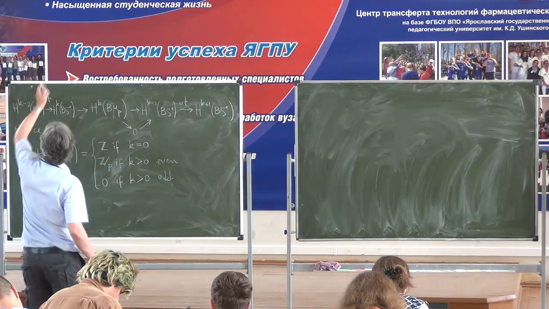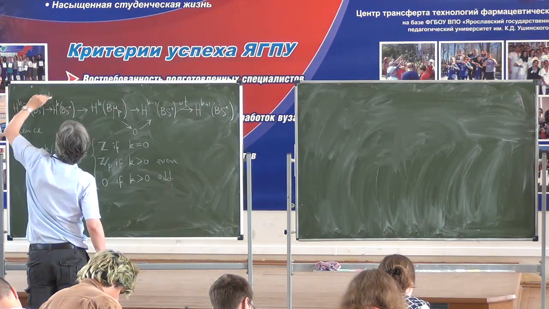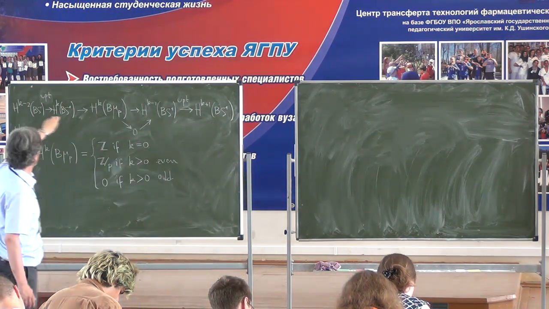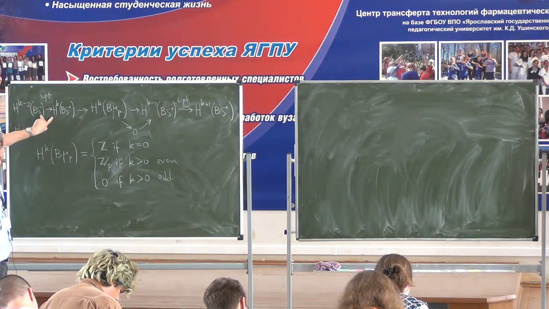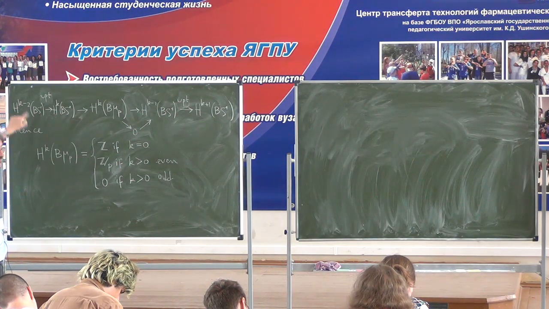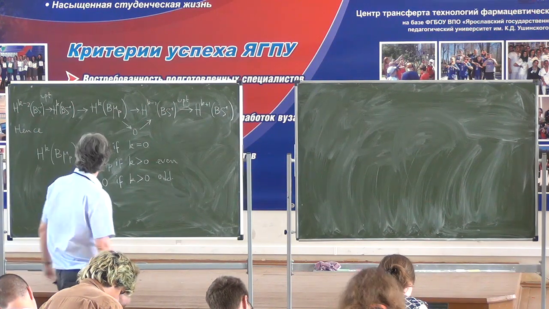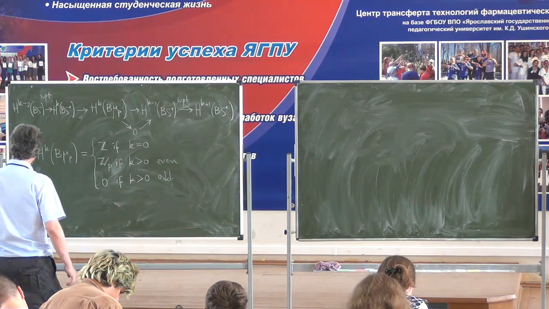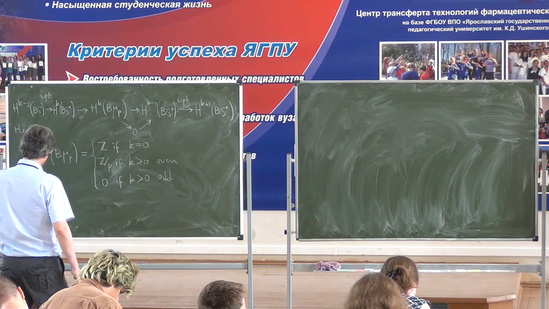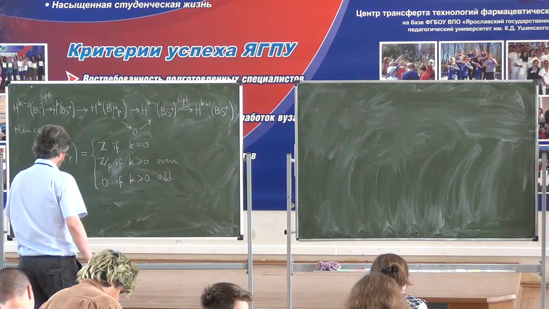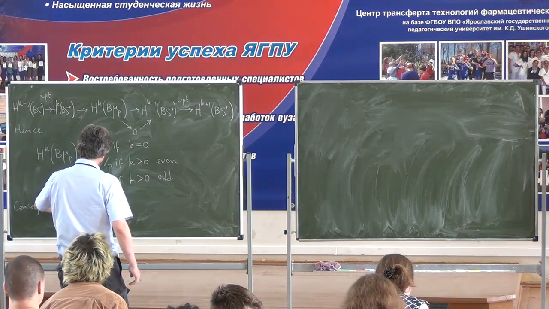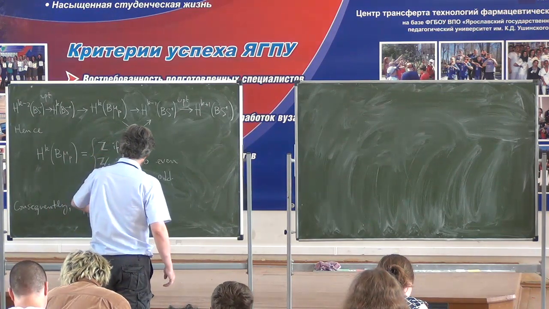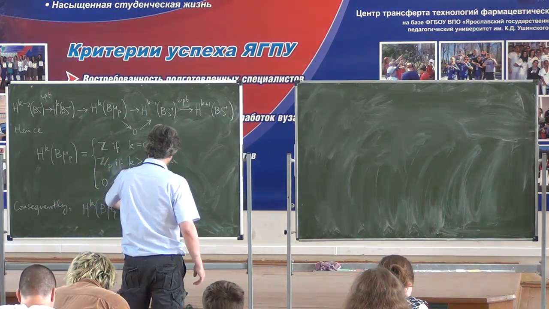Which is still injective, but now the cokernels of these maps are either 0 or Z mod p, depending on the parity of k. And now, if you pass to Z mod p coefficients, the conclusion is that H^k of B mu p is isomorphic to Z mod p in all dimensions.